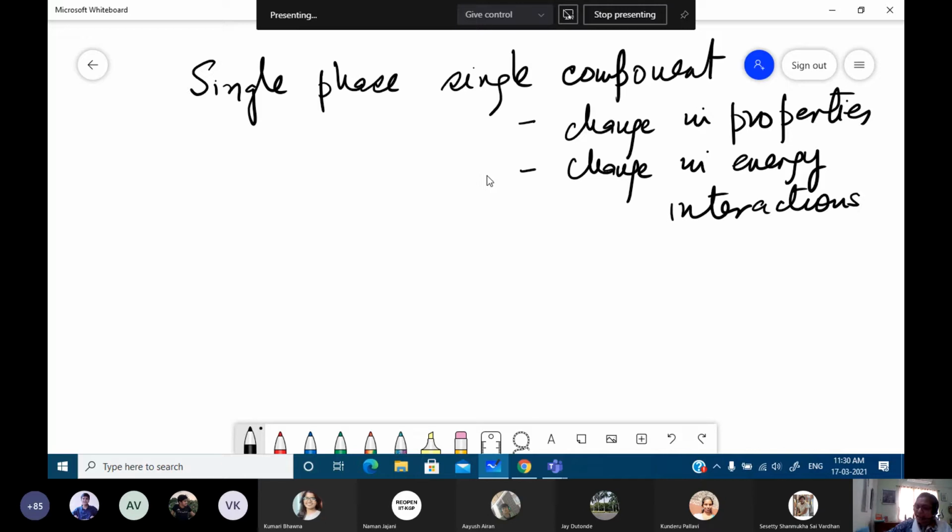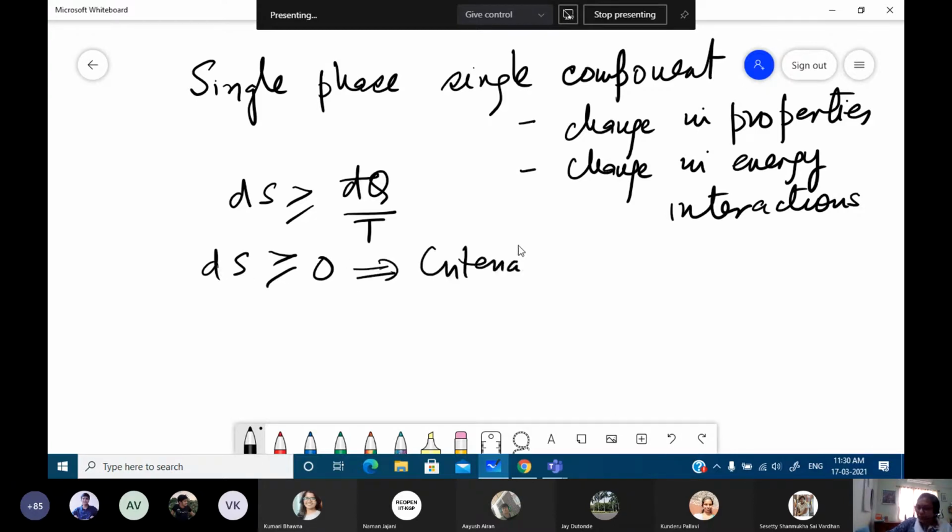Then from the second law, we first tried to relate U with the first thing which you knew, and then for an isolated system we found that this is greater than or equal to 0, this is the criterion of spontaneity.